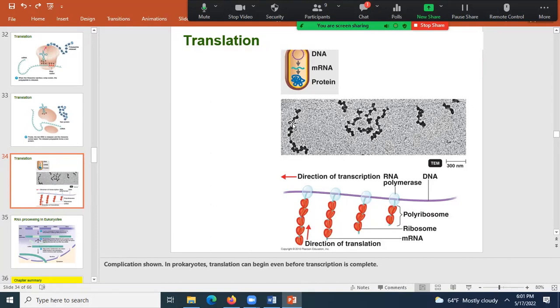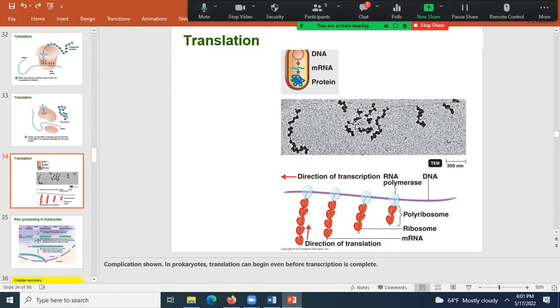That's because this one has read more of the gene, and it's transcribed more messenger RNA. And this one is just beginning, and so it's a shorter messenger RNA. Okay, and that happens in both prokaryotes and eukaryotes.